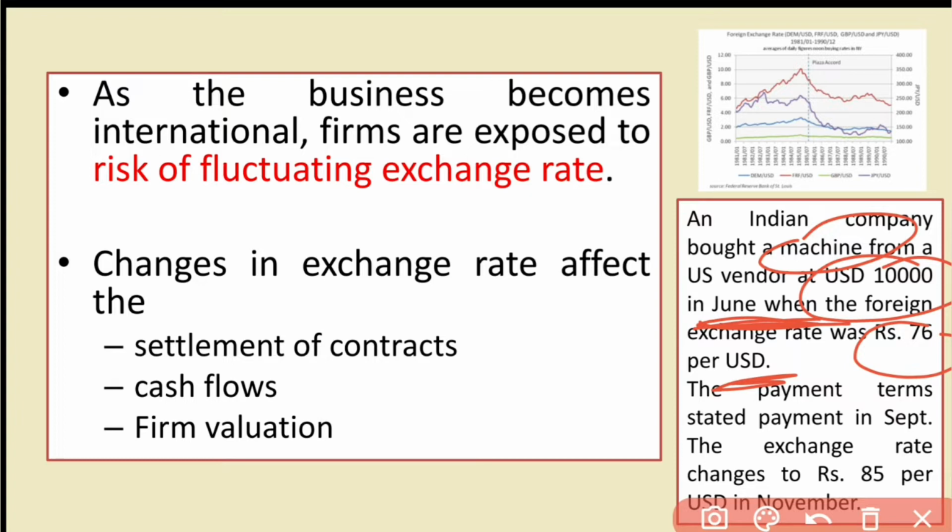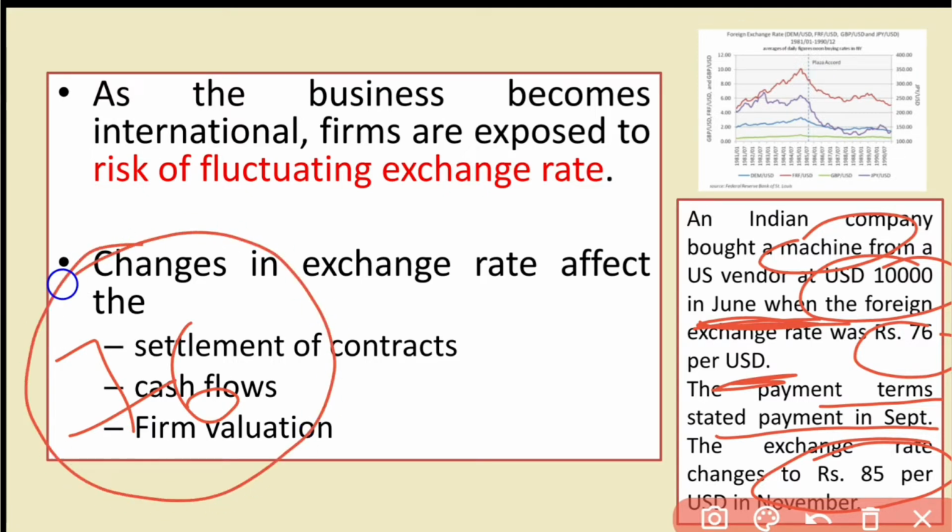However, the payment was due in the month of September, where the exchange rate, that is Indian rupee to US dollar, went to rupees 85 per US dollar. So you can see that when the Indian company contracted, on that day the exchange rate was 76 rupees per US dollar.